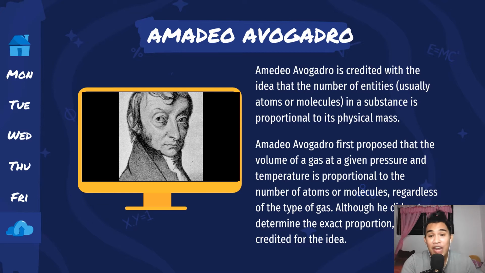Amadeo Avogadro first proposed that the volume of a gas at a given pressure and temperature is proportional to the number of atoms or molecules regardless of the type of gas. Although he did not determine the exact proportion, he is credited for the idea.